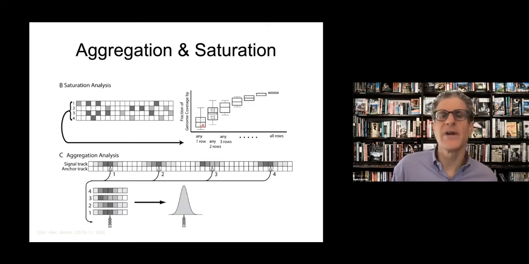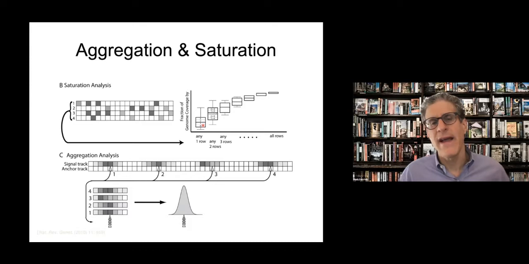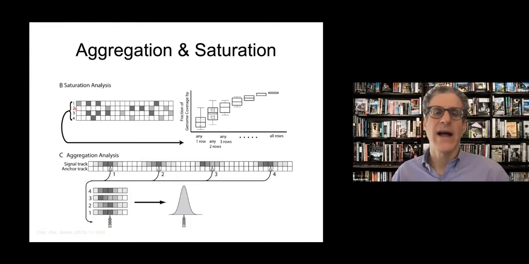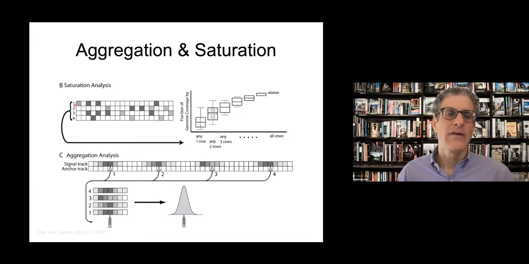Another common analysis people do is saturation analysis. Let's imagine that going down, we have genes, okay, and going across, we have different sites in the genome or different genes.